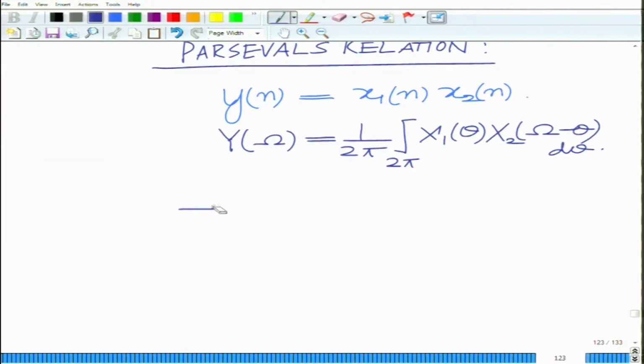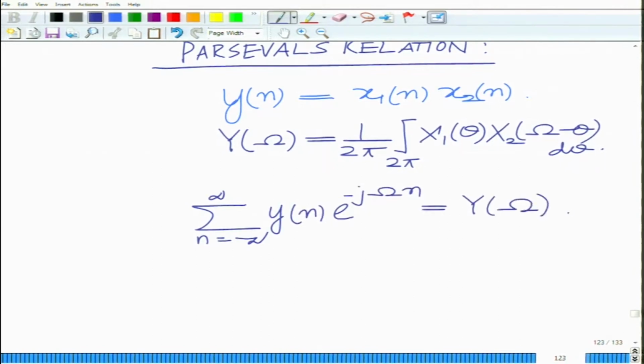Now if I look at the summation, we have the sum over n from minus infinity to infinity of y[n] e^(−jωn), which is equal to Y(ω).